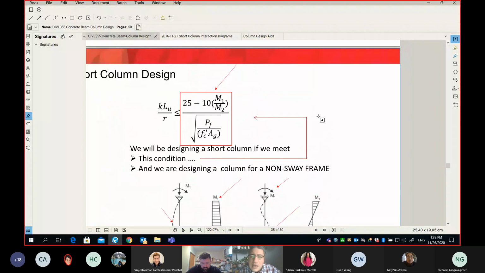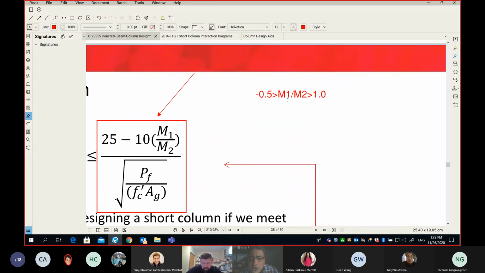Now here is your final comment. I'll write it down: minus 0.5, M1/M2, and then 1. Can you please read this statement? It tells you the ratio between M1 and M2.